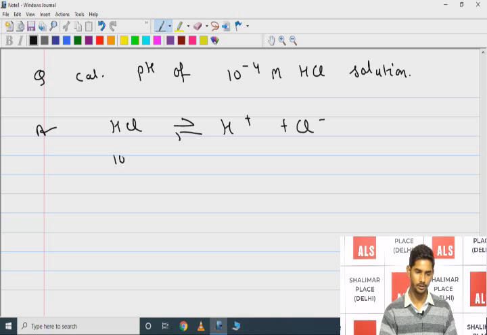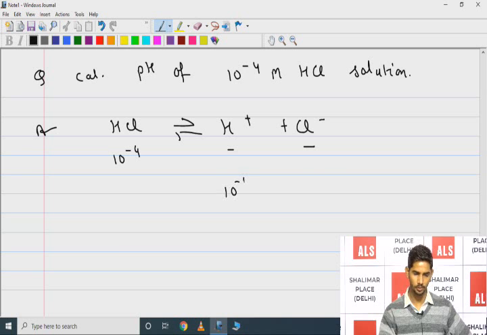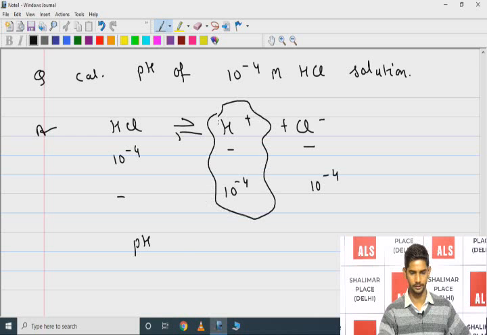So this concentration is 10 to the power minus 4. In the case of strong acids, the whole concentration gets converted into what? Ions. So this is 10 to the power minus 4 and this is also 10 to the power minus 4. This one will be neglected. So we have to calculate the pH. You can check out the concentration of H plus ions.